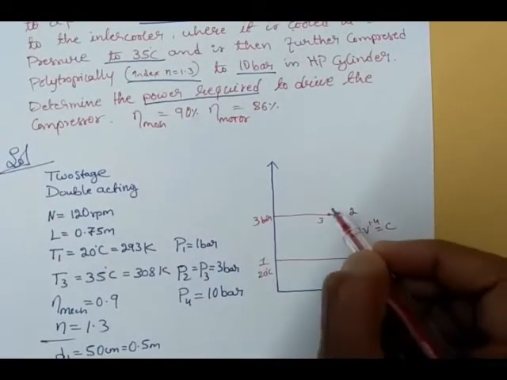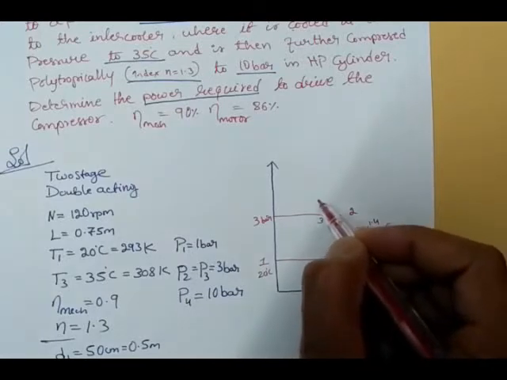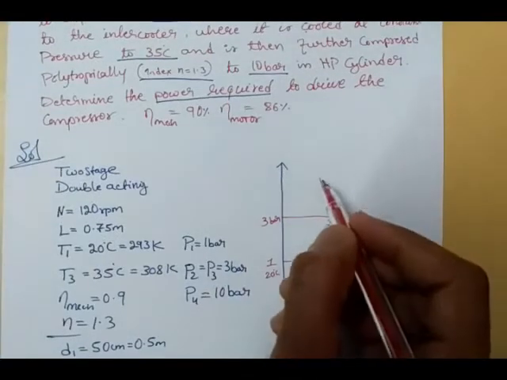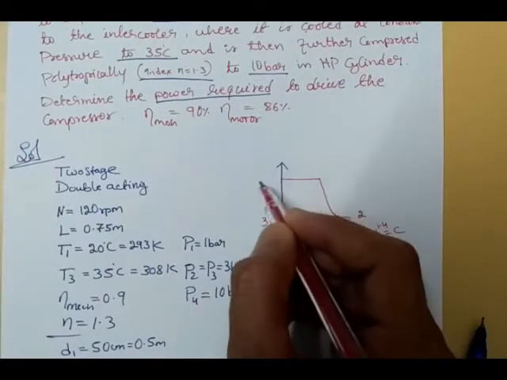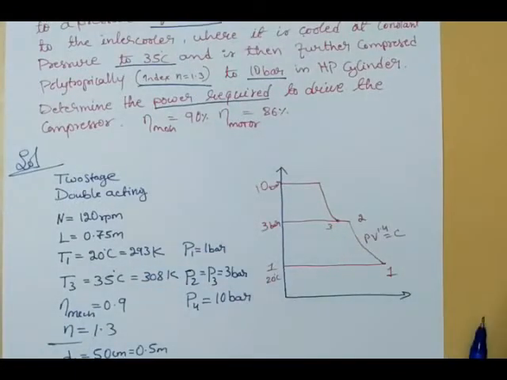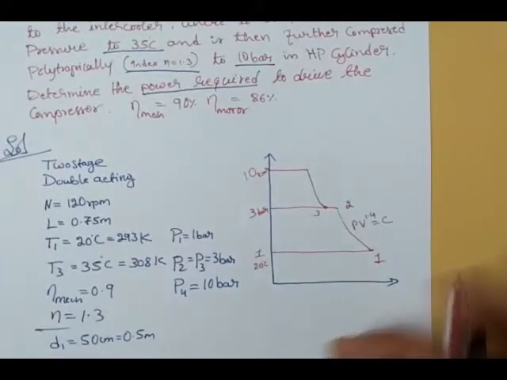Next, again it is compressed to a pressure of 10 bar. So from 3 to 4, 1 bar, 3 bar and 10 bar pressure. So this is 4.